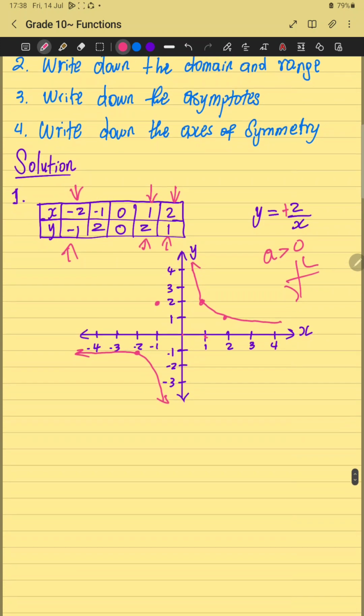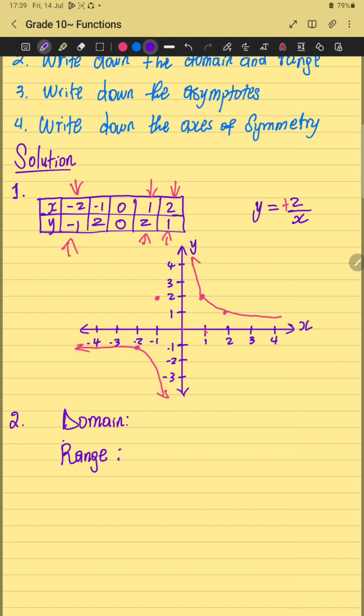Write down the domain and the range. Now when we write the domain in this graph, if you check our vertical asymptote here, it is x is equal to 0, and because we're not given a q value, the horizontal asymptote will also be y is equal to 0.